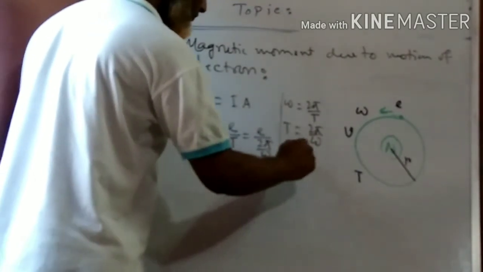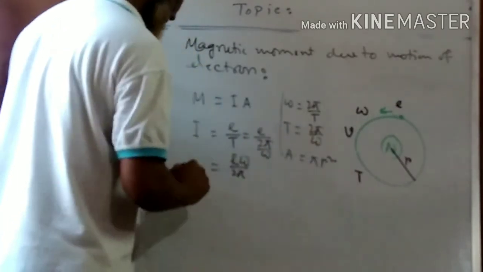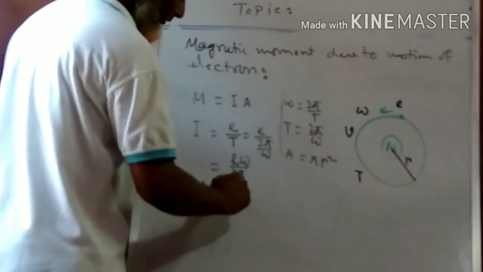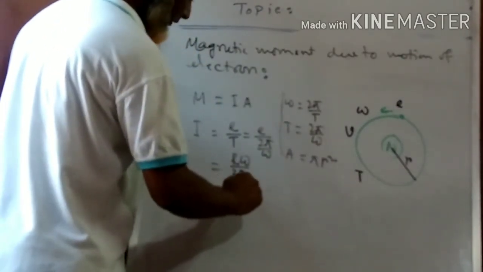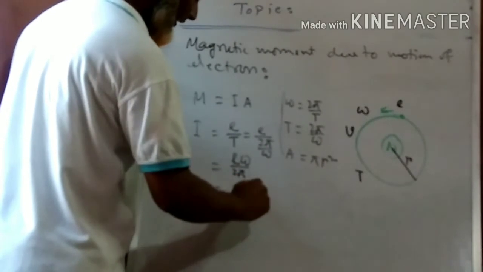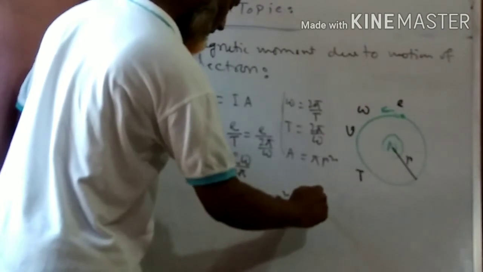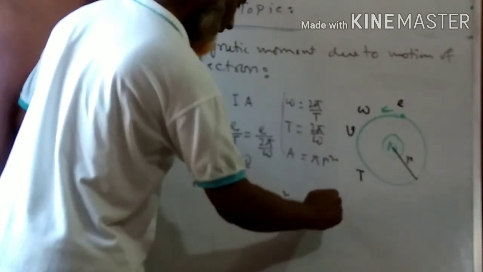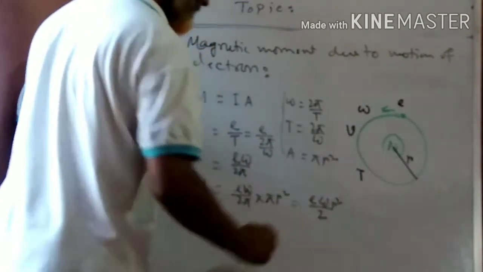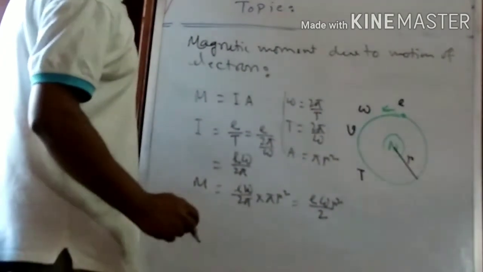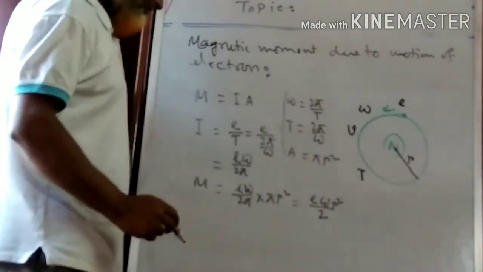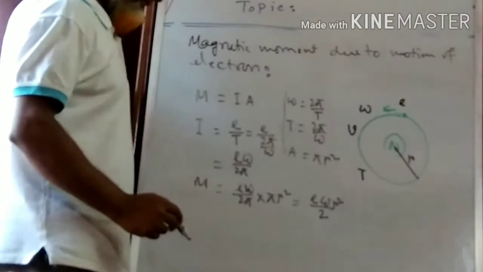And A equals pi R square. So M equals E omega by twice pi into pi R square, so E omega R square by 2. This is the magnetic moment.